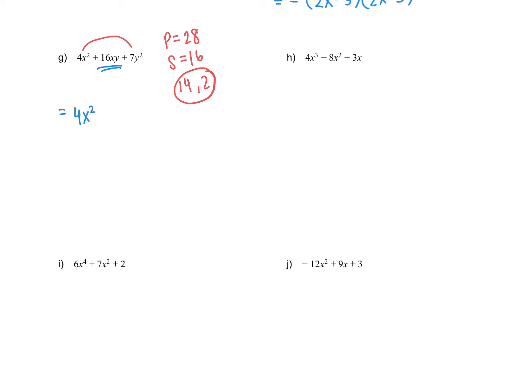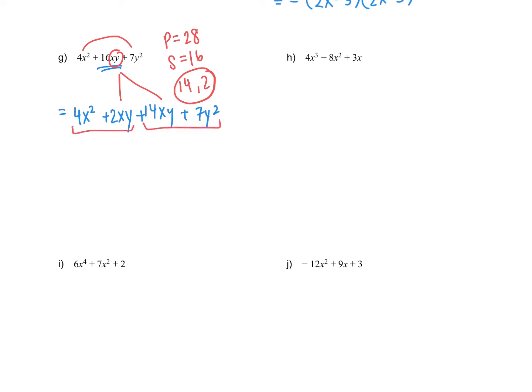It's xy. That's the term you're decomposing. I'm going to put the 2 first. So 2xy plus 14xy, and then plus the 7y squared. So whatever you're decomposing, make sure your variables match, and then everything else will be normal. It's really about your attention to detail here.